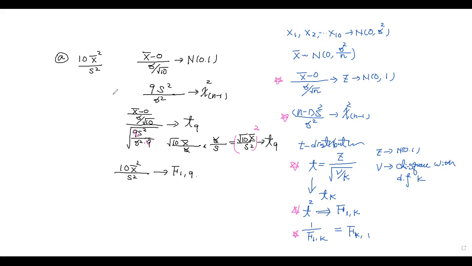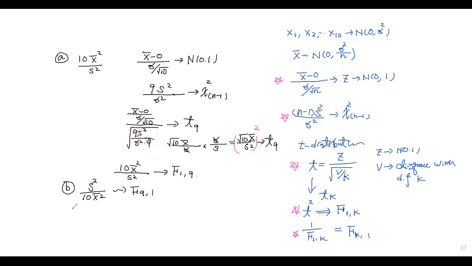So this is what we showed in part A. For part B, they ask what is the distribution if you flip it. That's easy: 10 x bar squared over S squared is F, so S squared over 10 x bar squared will be an F distribution with 9 and 1 degrees of freedom. So it's pretty straightforward.